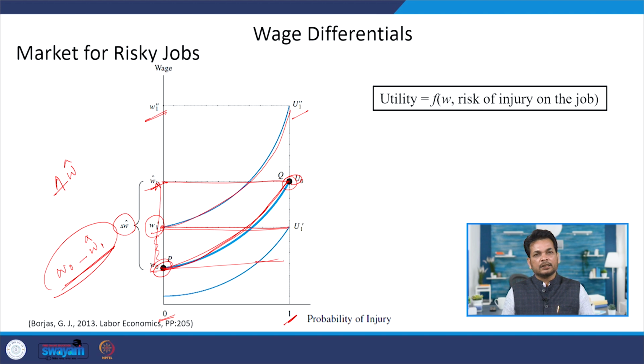However, individual workers are different in their approach, and may have different reservation wages and preferences to work in risk and safe environments. So, this difference delta W hat may be different for different workers.